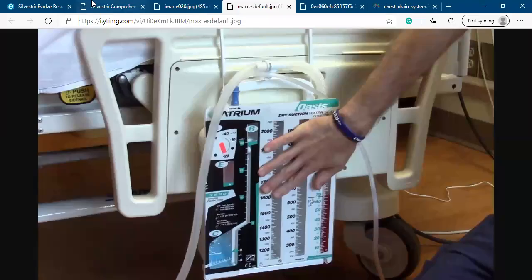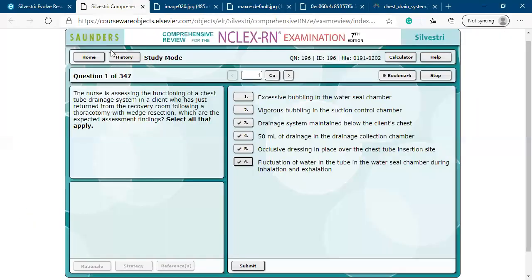So the question here about the chest tube, if I read again: the nurse is assigning the functioning of a chest tube drain system. So why?